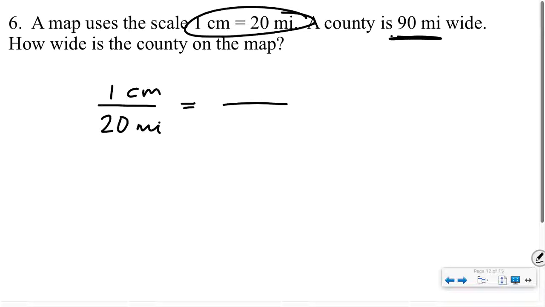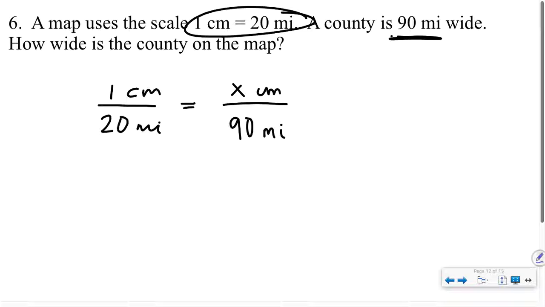So when you compare ratios, you have to compare like parts. So I need the 90 in the denominator so that I've got miles and miles. And we're trying to figure out how many centimeters it is. With proportions, you don't have to have all of the same unit. You don't need to worry about converting these all to centimeters. You just have to make sure you compare centimeters in the same spot. So both centimeters are in the numerators, my miles are both in the denominators.